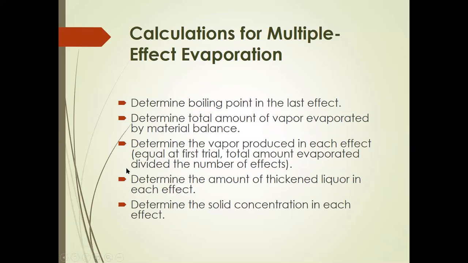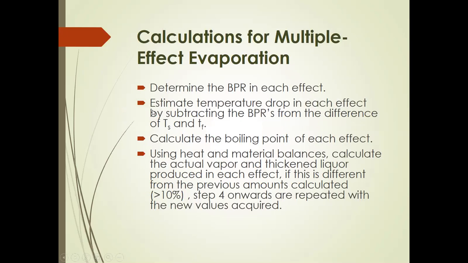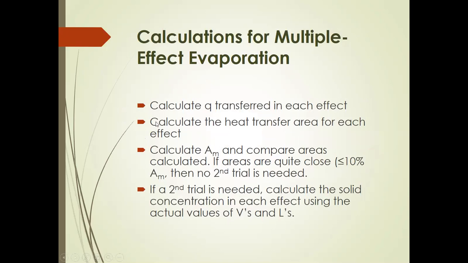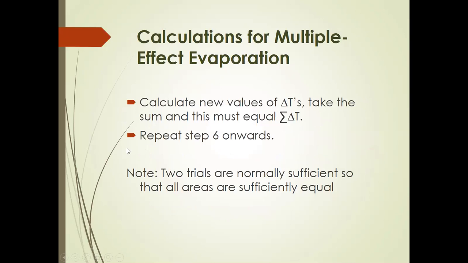So 1, 2, 3, 4, 5, 6, 7, 8, 9, 10, 11, 12, 13. 13, that is if there's going to be a second trial. Because after this particular 13th step, you will actually proceed here. But if there's no need for recalculation, then all you have is only 12 steps.